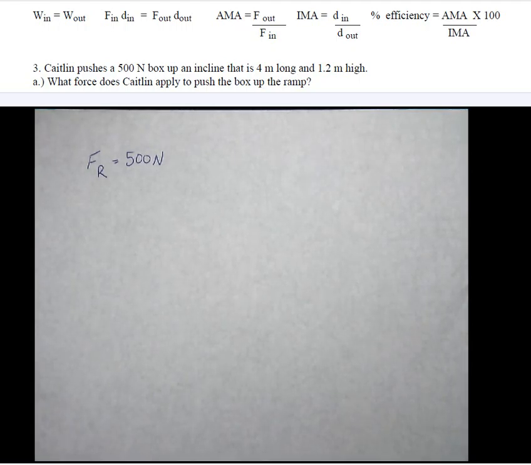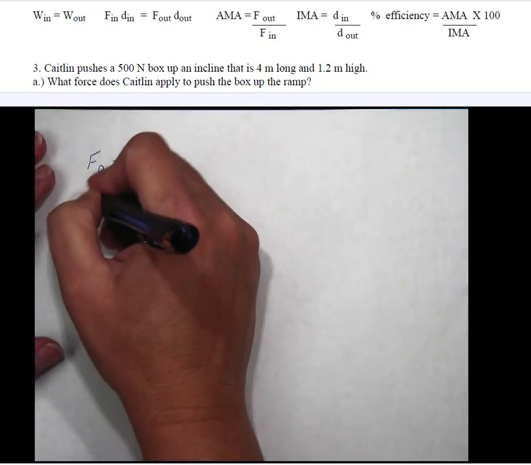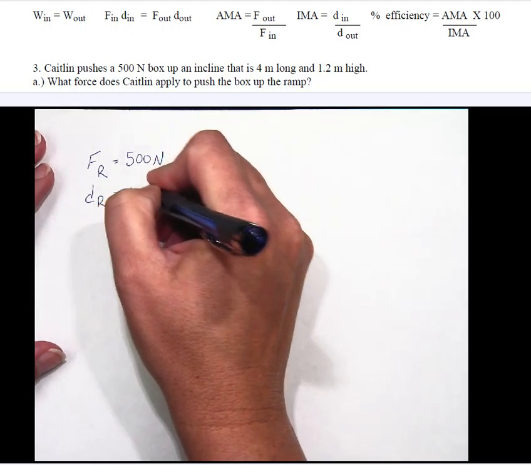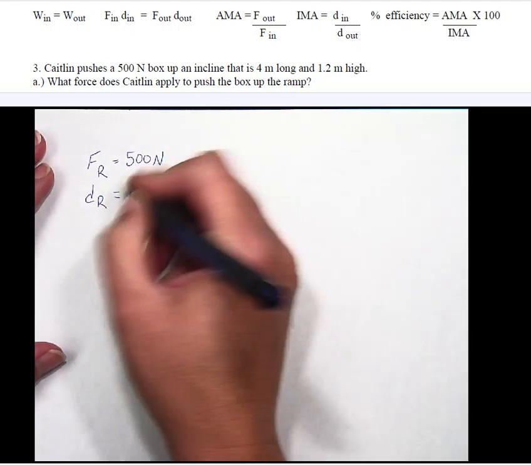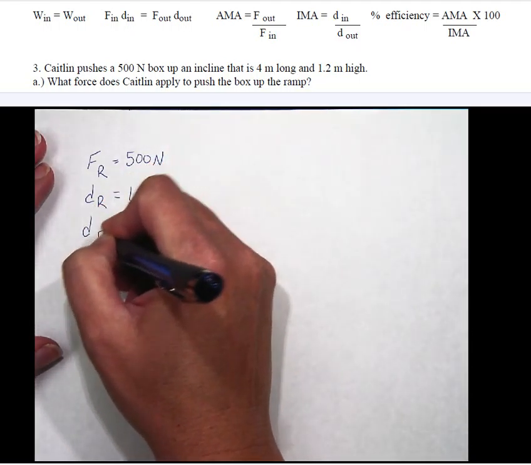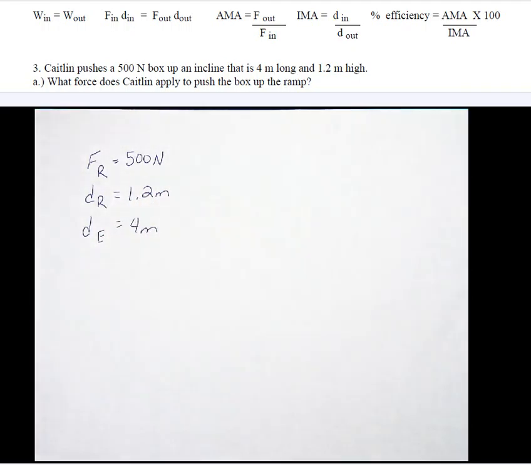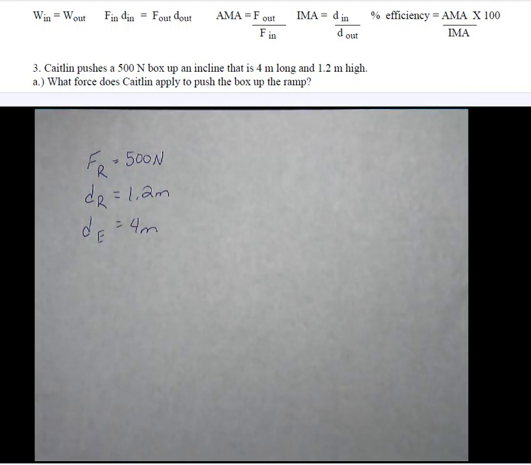The height is always your distance of resistance, so it's 1.2 meters. And the distance of the effort is 4 meters long. So what force does Caitlin apply to push the box up the ramp?